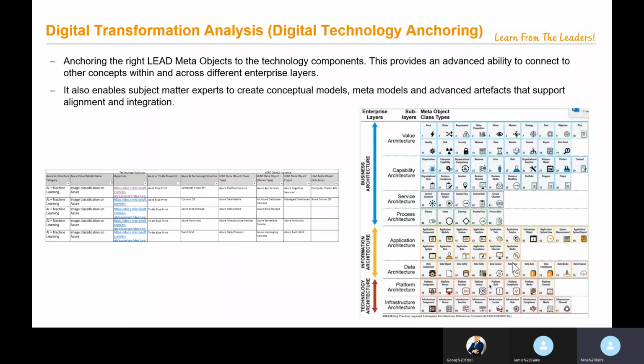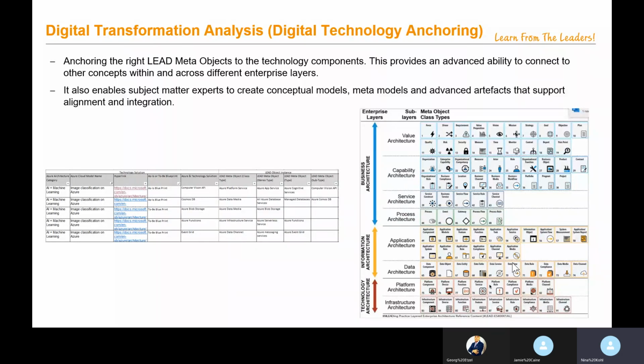And the next step is that I did the digital technology anchoring. I did anchoring to the right Leadmeter objects with the technology components. You can see on the right-hand side the 91 Leadmeter objects in the periodic table, and I did a matching. This provides me an advanced ability to connect to other concepts within and across different enterprise layers.